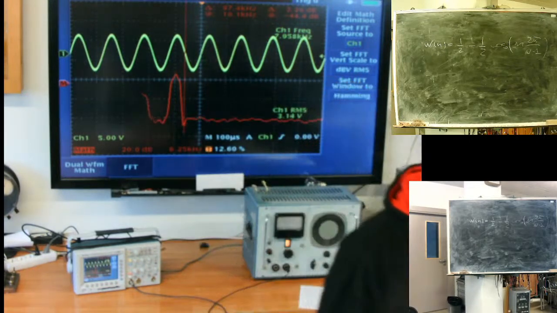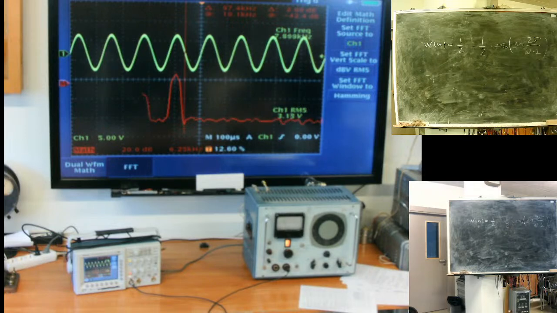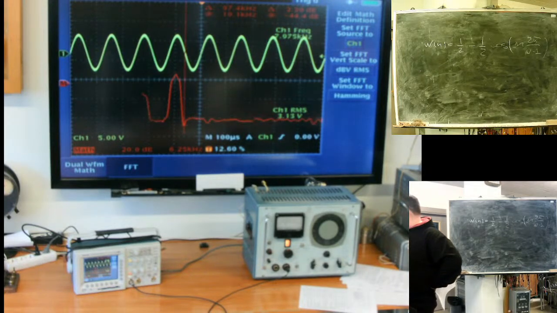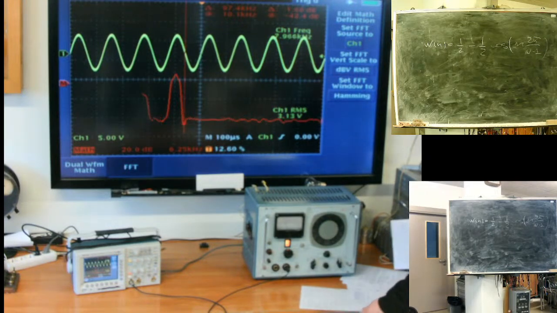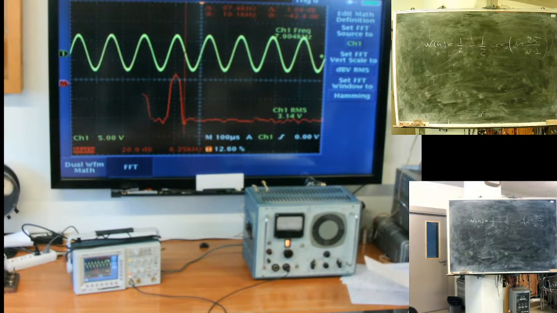We will see a modulated signal. When we analyze a modulated signal, it can be a problem. I'll show you. So, for today I think it's enough. Maybe some questions?